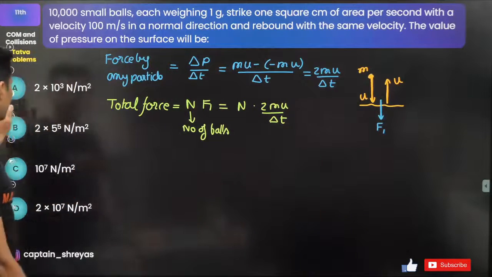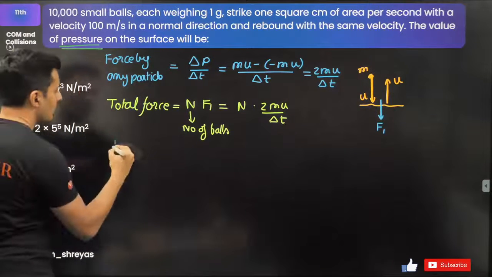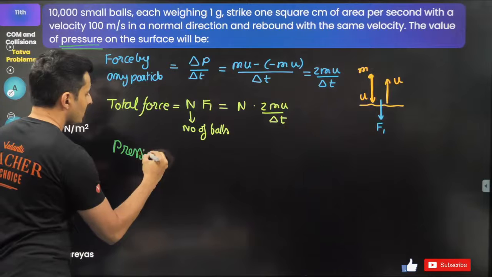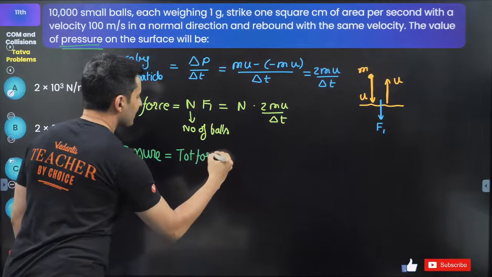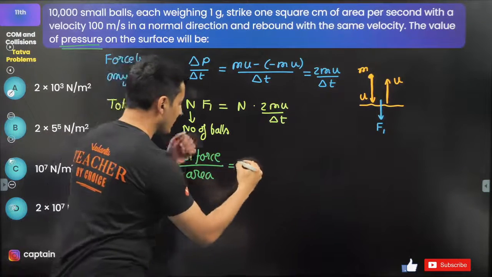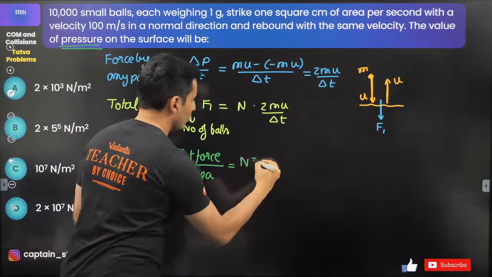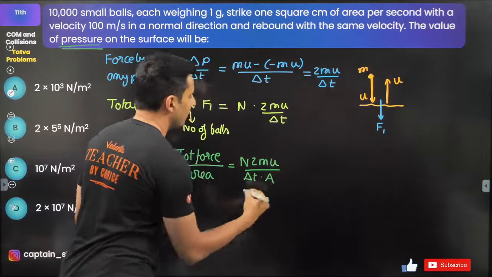This is the force, but the question is on pressure. The pressure will be the total force divided by the area, so n into 2mu by delta t into area.